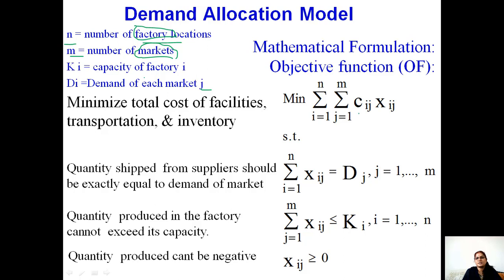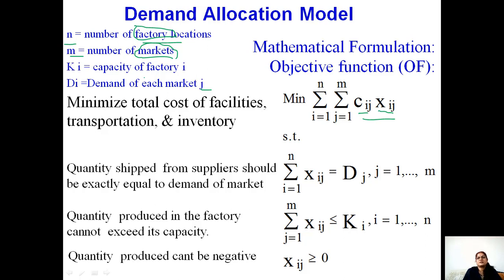I already mentioned C is the cost of shipping 1 unit from the ith plant to the jth destination, and Xij is the quantity being shipped from the ith plant to the jth destination. If we multiply, the product will be the total cost of transporting from the ith plant to the jth destination. Considering j equal to 1 to M, M stands for markets, so all the markets are considered, and N stands for factories, so all the factories are considered.